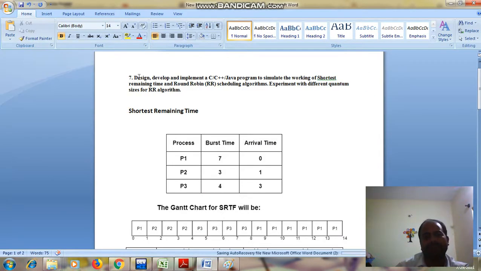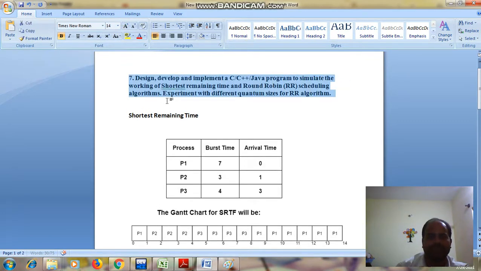The seventh program says: design, develop and implement a C, C++ or Java program to simulate the working of shortest remaining time and round robin (RR) scheduling algorithms, experimenting with different quantum sizes for the round robin algorithm.